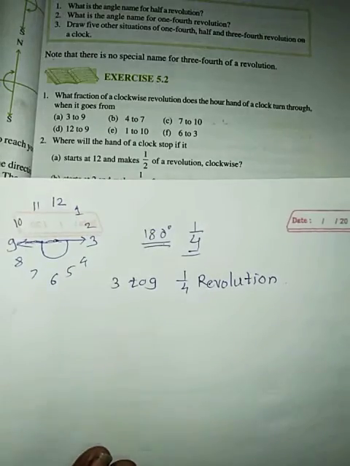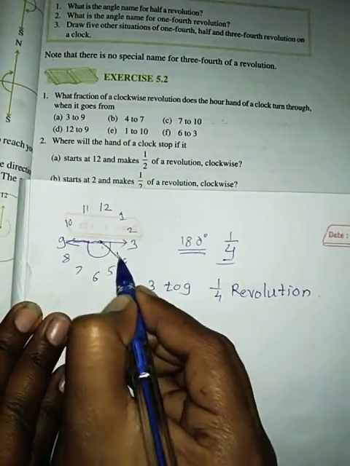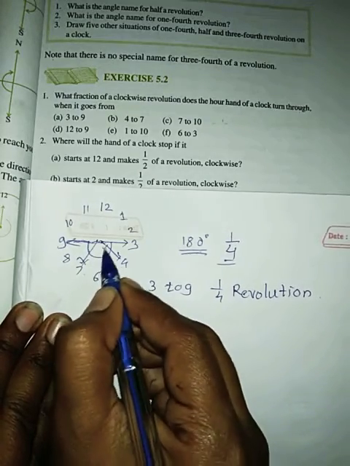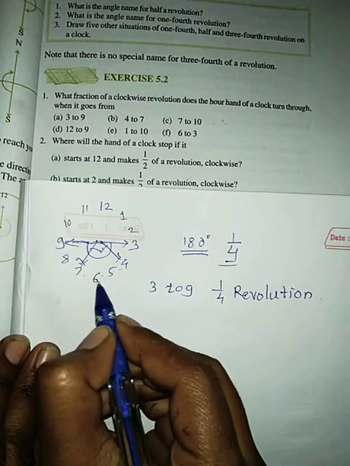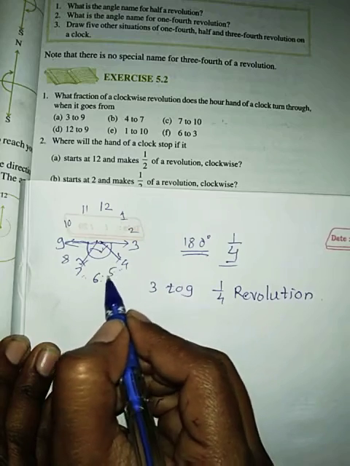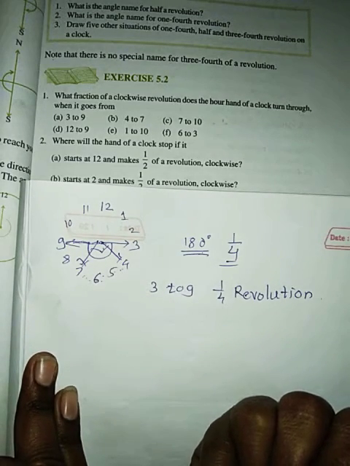Okay. Then next thing is 4 to 7. Suppose here is 4 and it will go up to 7. 1, 2, 3. So see, 4 to 5, 1. 5 to 6, 1. And 6 to 7, 1. Means 1, 2, 3. 3 divisions means 90 degrees.